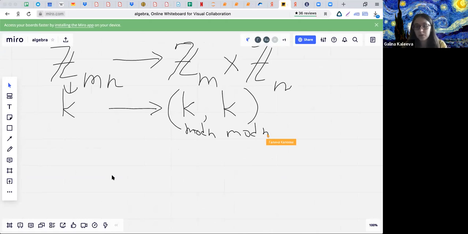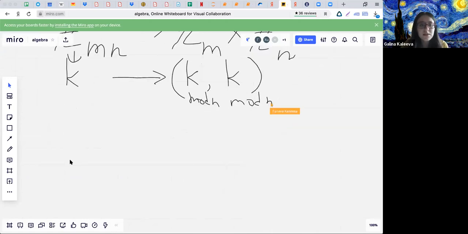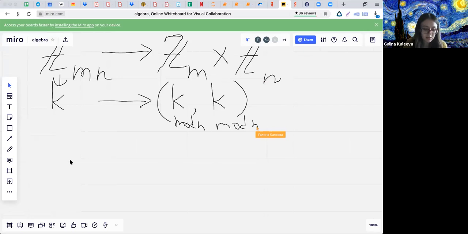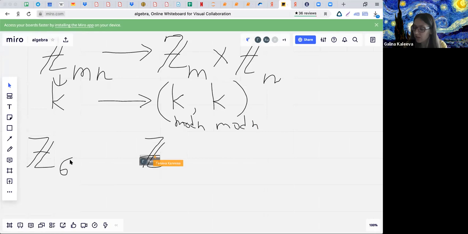Okay, so let's consider some examples. For example, let's see what we have in the following case, where Zmn is Z6, and we have the product of Z2 and Z3.